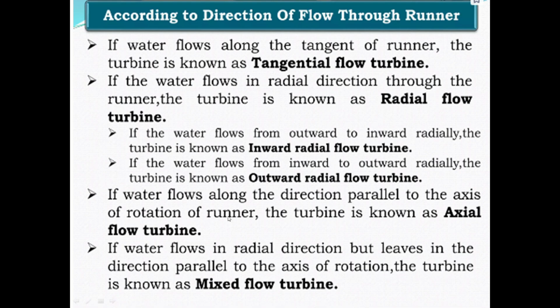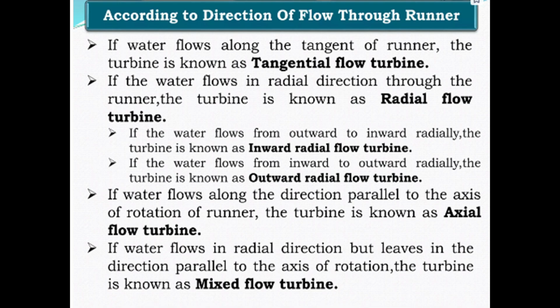If water flows along the direction parallel to the axis of rotation of the runner, then the turbine is known as an axial flow turbine. I told you already about the rotation of the runner. In the Pelton wheel, the shaft is horizontal, so the rotation of the runner is different. In a reaction turbine, the shaft is vertical, therefore the rotation of the runner is different.